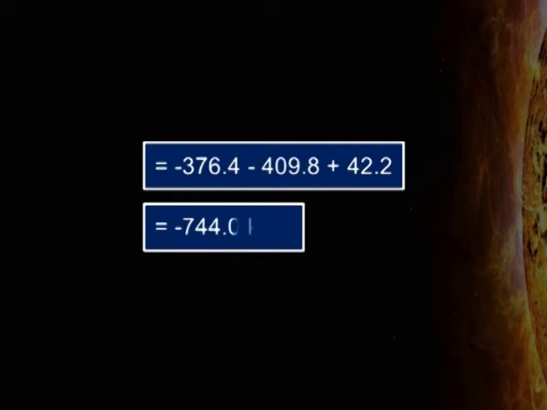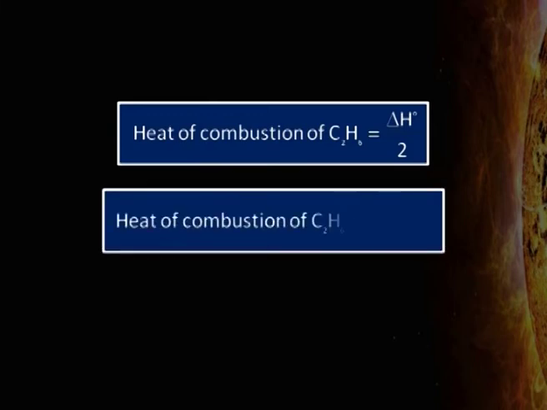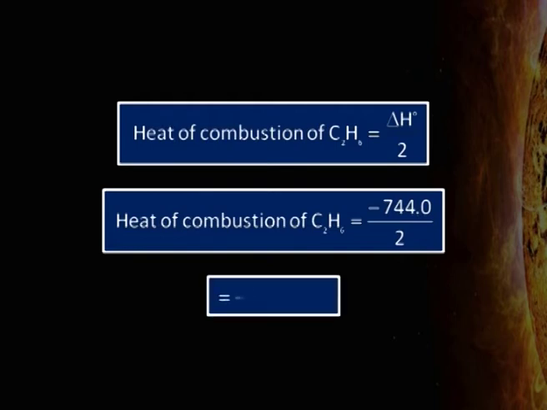It is equal to minus 376.4 minus 409.8 plus 42.2, which is equal to minus 744.0 kilocalories. This is equal to heat of reaction, but heat of combustion of C2H6 will be equal to heat of reaction divided by 2. Hence, heat of combustion of C2H6 will be equal to minus 744.0 divided by 2, equal to minus 372.0 kilocalories.